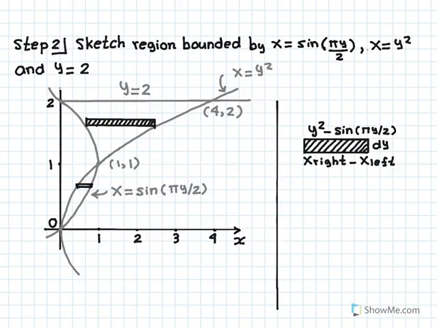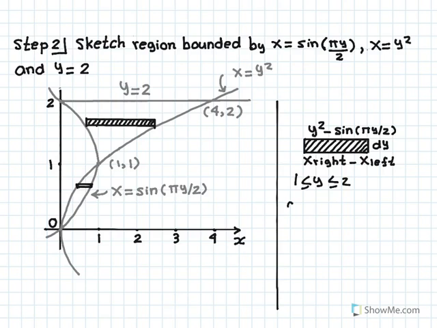All right, so the next step is to sketch the region bounded by these two curves and y equals 2. That's been provided for us here. You can see how the sine graph, because it's x as a function of y, is basically just oscillating about the y-axis. And x equals y squared is a parabola that opens to the right. So let's look at a differential element when y is between 2 and 1.